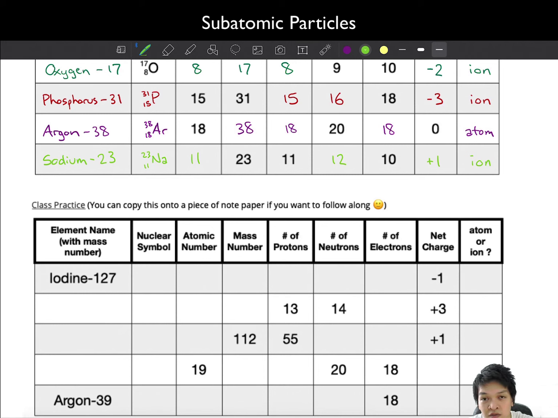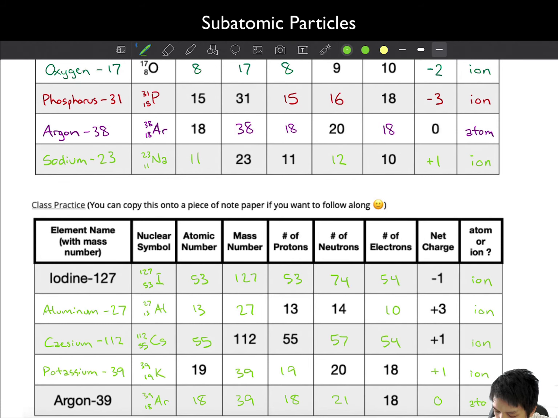Then you can unpause the video and see if you got it right. Okay, pause the video now. Alright, this is it. Hopefully you were able to get it. There's a little bit of practice, and hopefully you find it pretty easy and pretty fun actually.